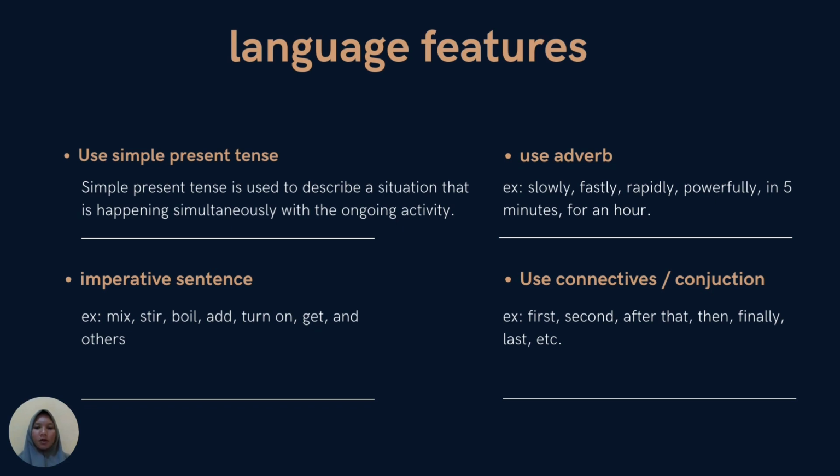The steps or instructions in procedural text in English are arranged sequentially, so from one step to the next they use connectives or conjunctions. The example like first, second, after that, then, finally, and the last, and etc.